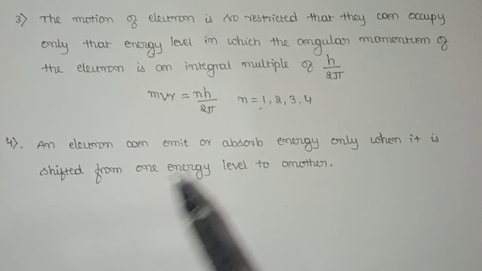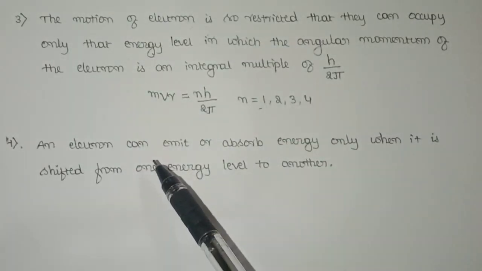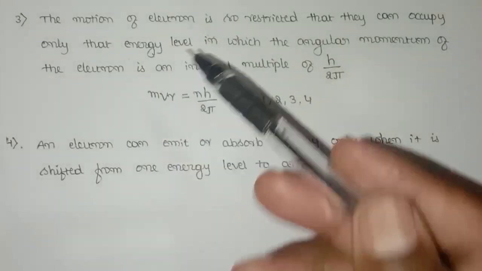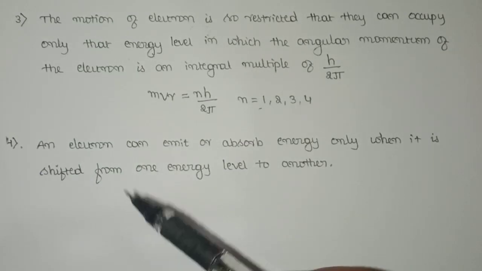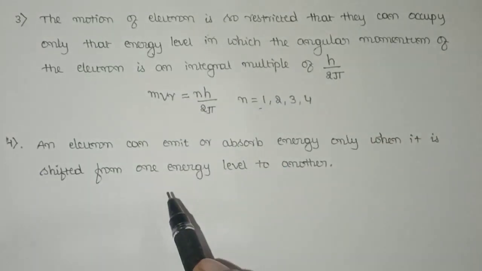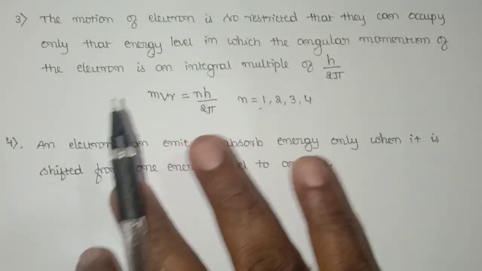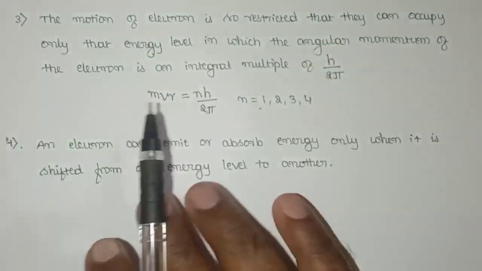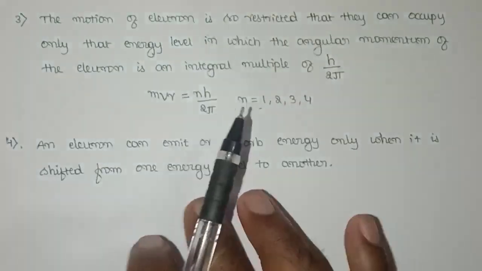If the electron jumps from a lower to a higher energy level, we call it excitation of the electron. Similarly, if the electron jumps from a higher to a lower energy level, we call it de-excitation of the electron. And one more thing comes to our mind: when the electron jumps between energy levels, there will be an energy factor.